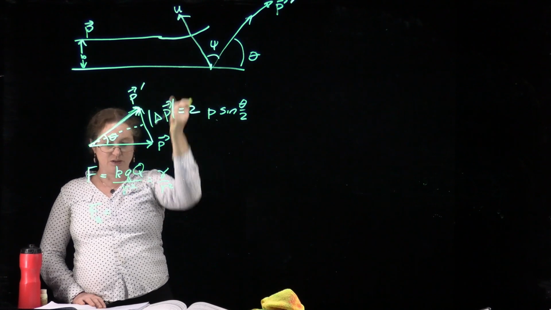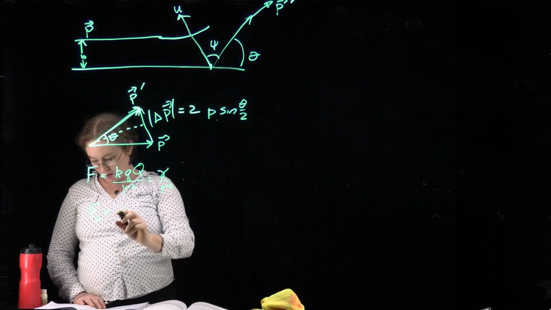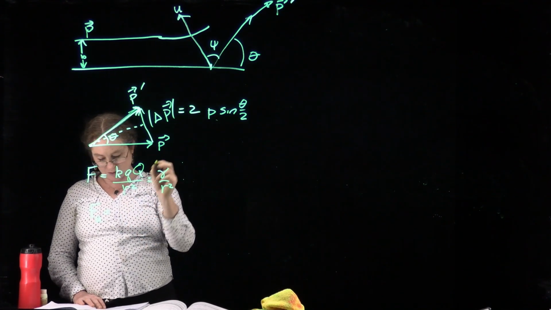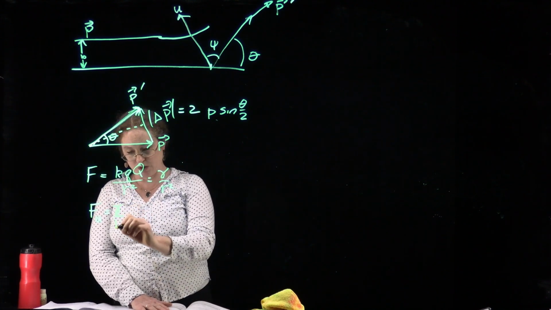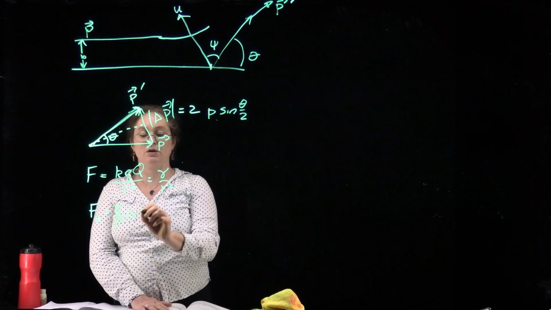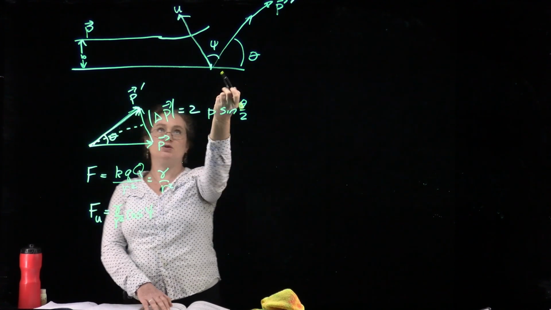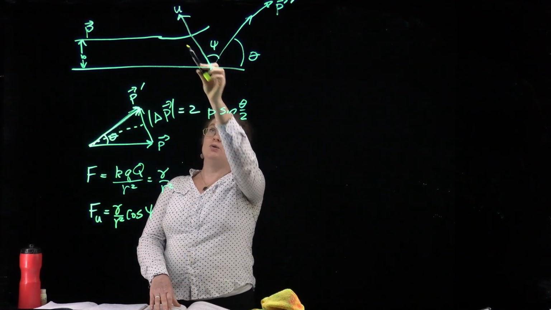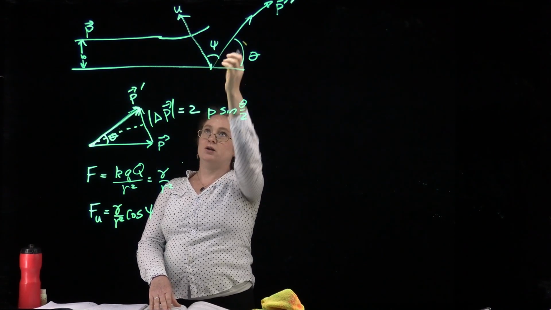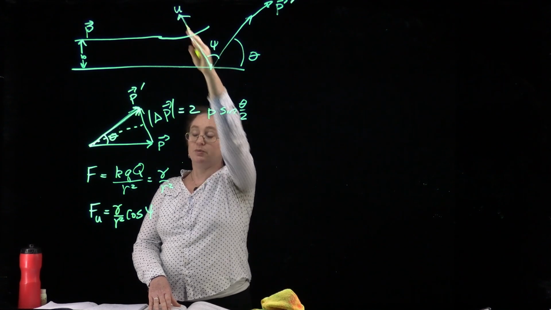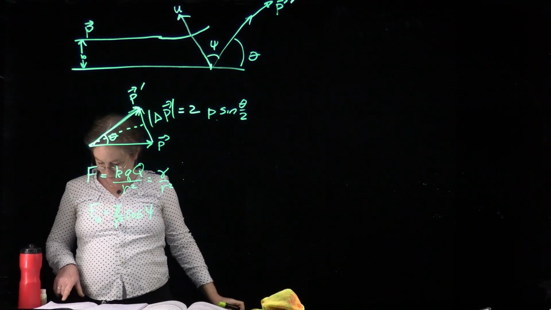We want the component that is perpendicular. The u component is gamma over r squared cosine psi. So just looking at the component, which is, so here at this point the force is in that direction, and we want the component of the force in that direction.